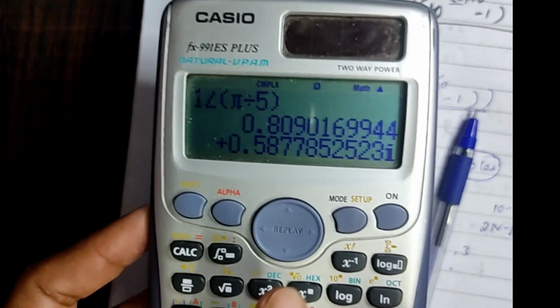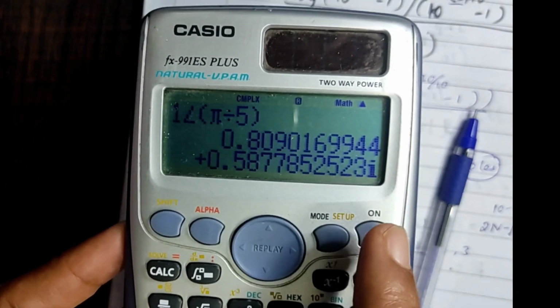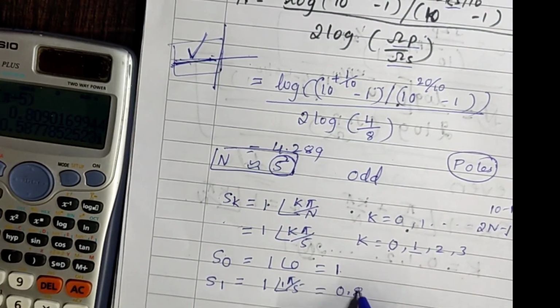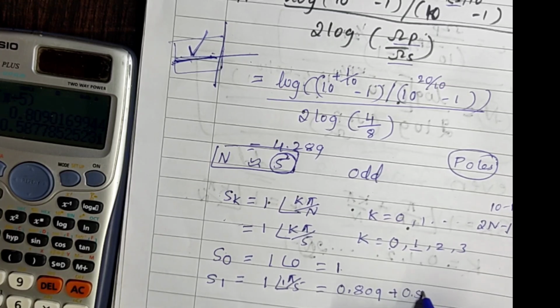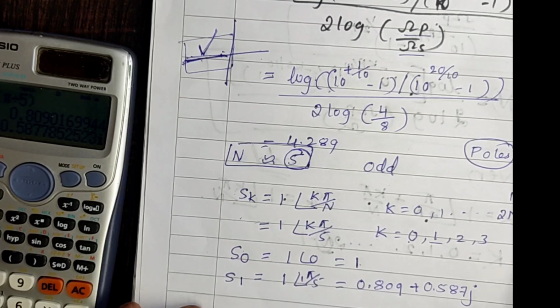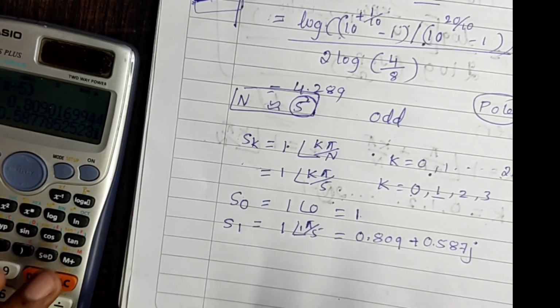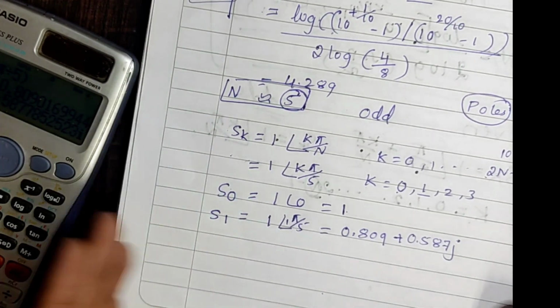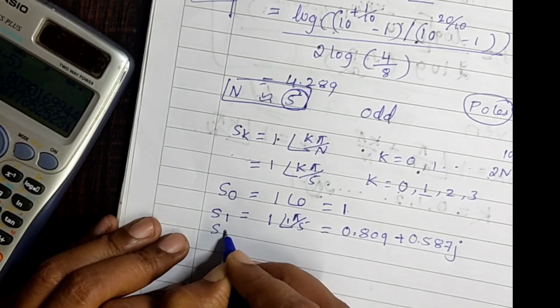So this is 0.809 plus 0.587 J. This is one more pole. Now we have to check whether this pole belongs to the left side or the right side. But before that we'll calculate the rest.